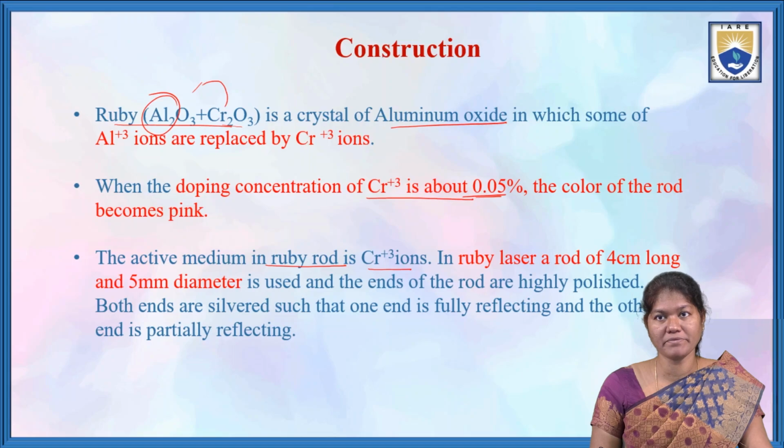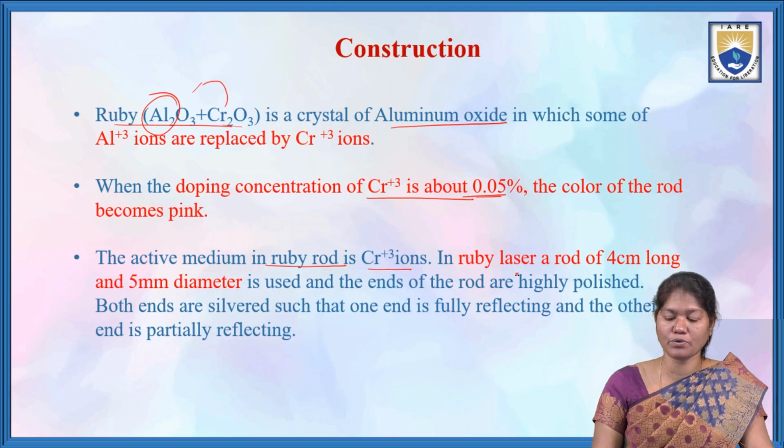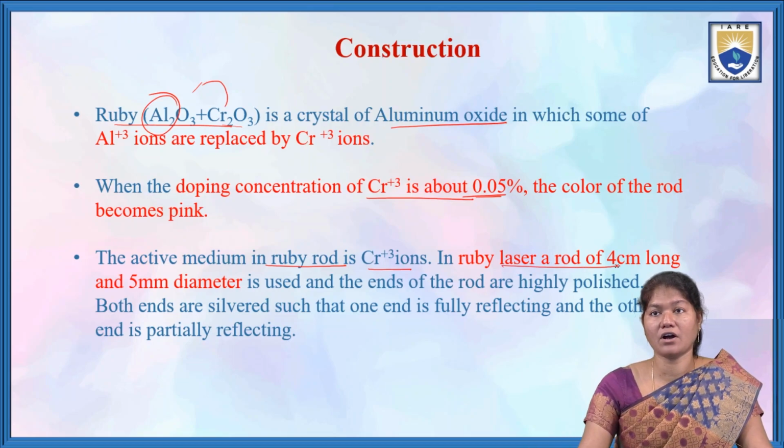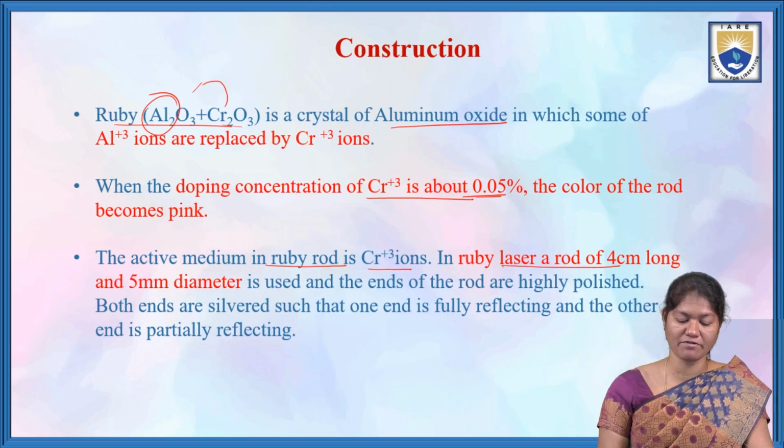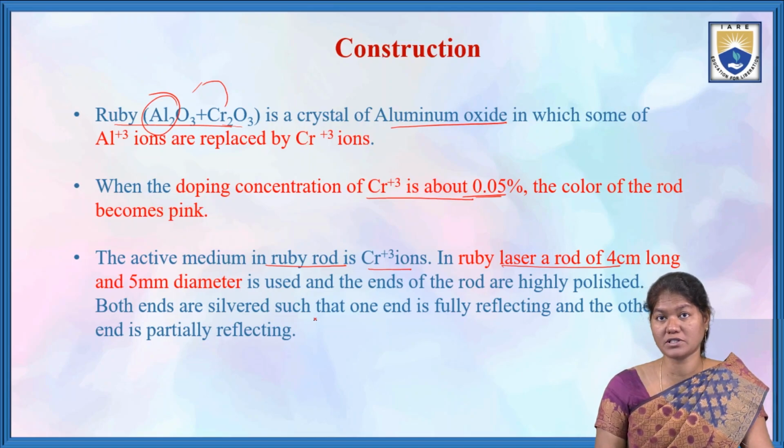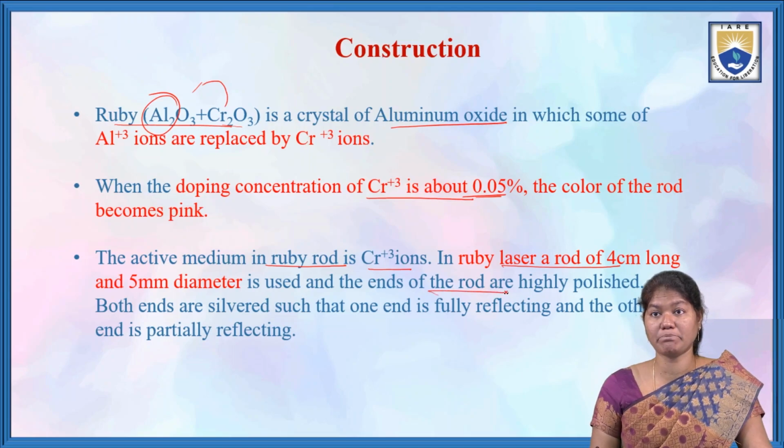In this Ruby laser, a rod of 4 centimeters long and 5 millimeters diameter is used, and the ends of the rod are highly polished.